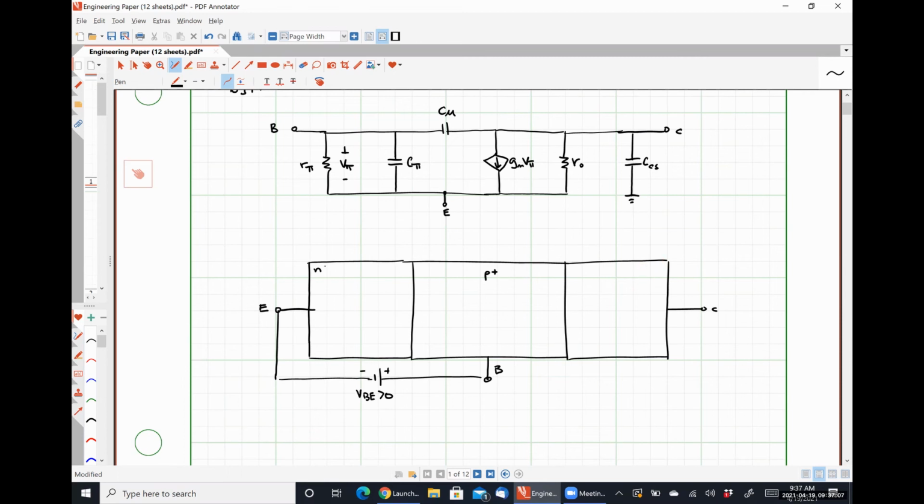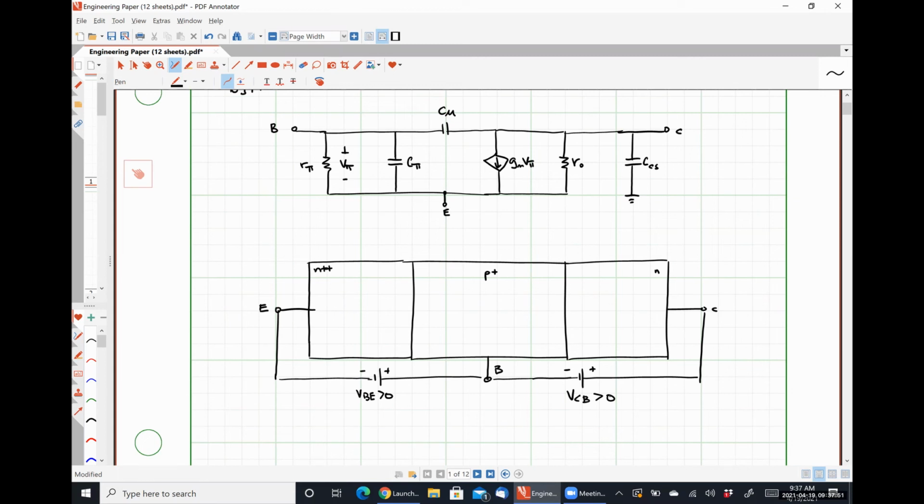The emitter is the one that's really heavily doped, and the collector is the one that's most lightly doped. I apologize for that. We also have some collector base voltage, VCB, and this quantity is also greater than 0. So it is reverse biasing the collector base junction, okay?